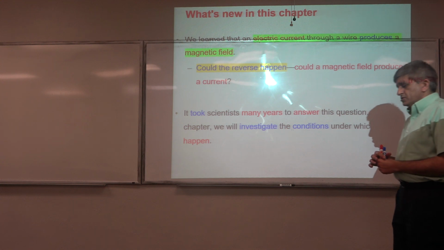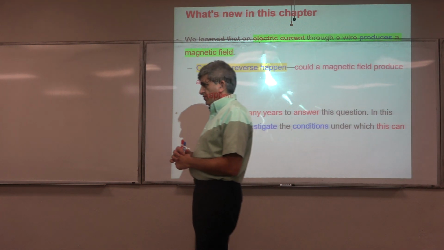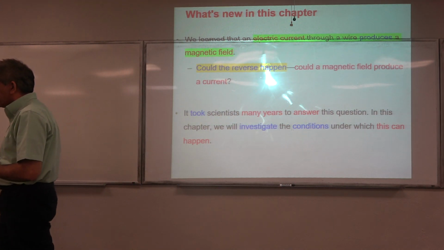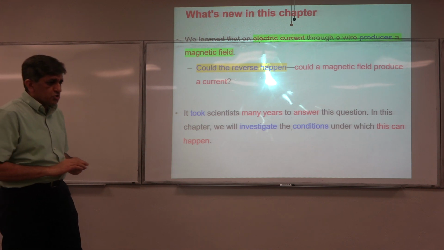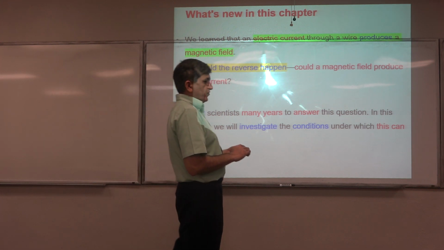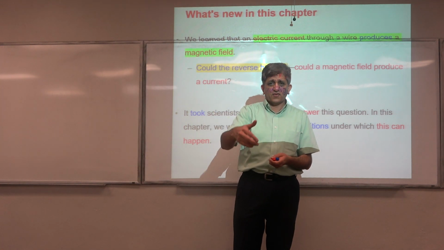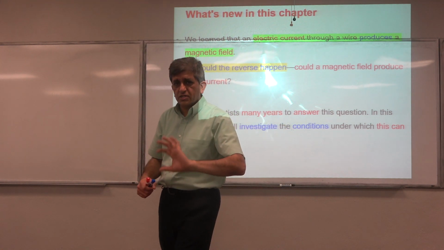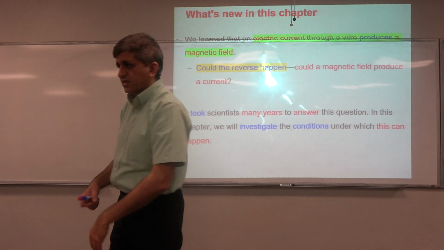It took several years for the scientists to answer this question, because it was very important to know that if the moving charge produces a magnetic field around it, then if I change the magnetic field, can I produce an electric current?